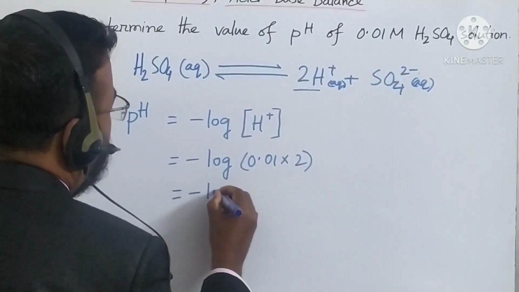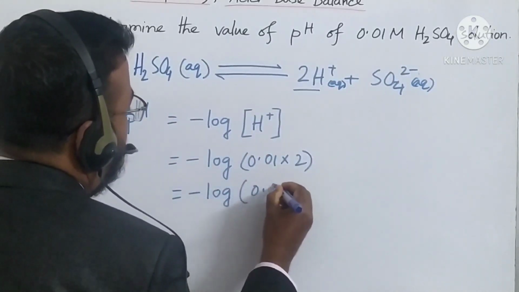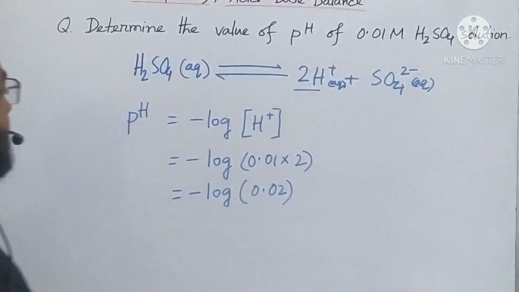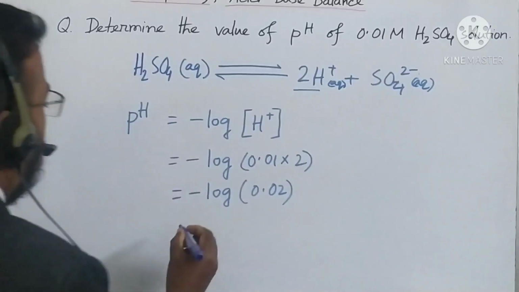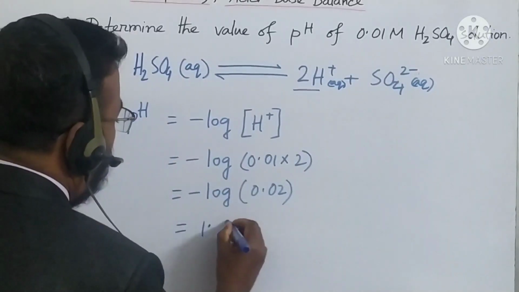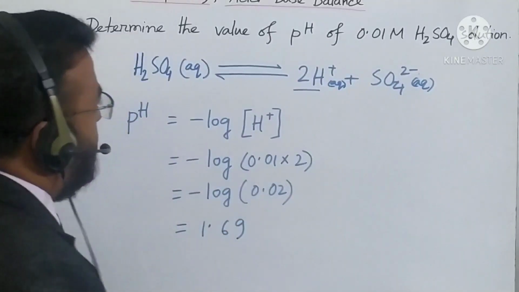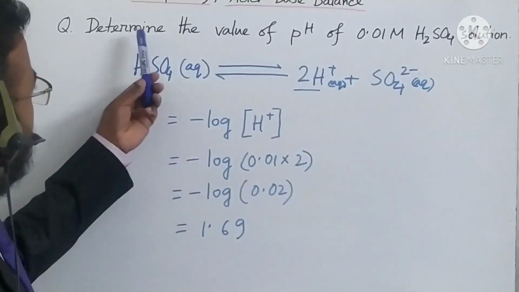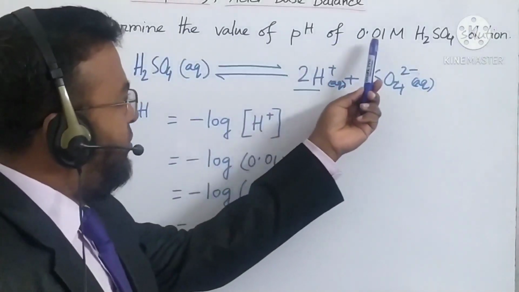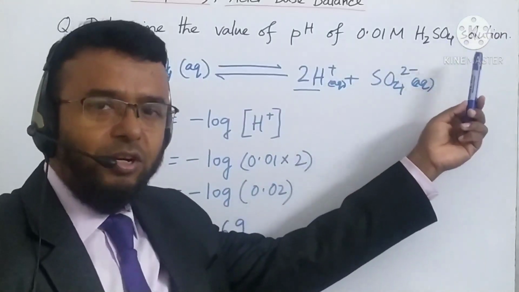So it will be minus log 0.02. Now by using a calculator you can easily get the value. It will be 1.69.